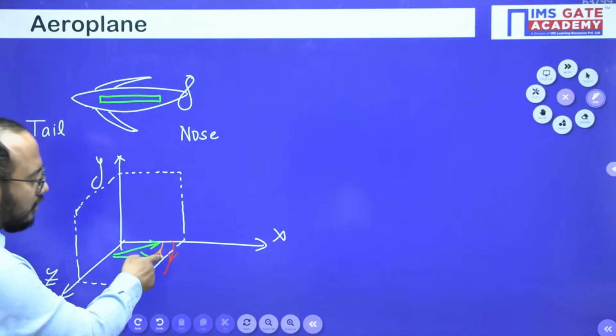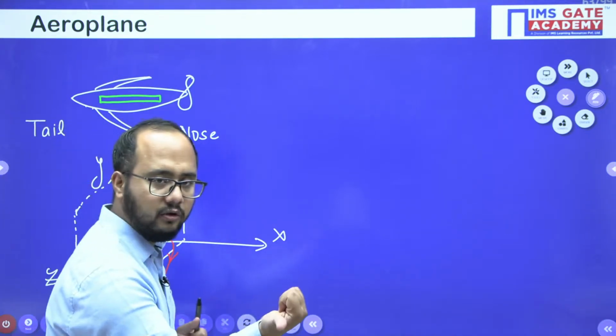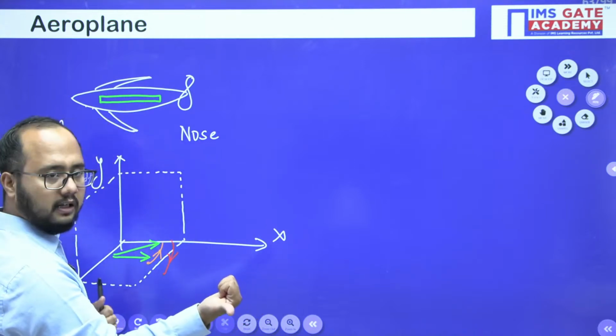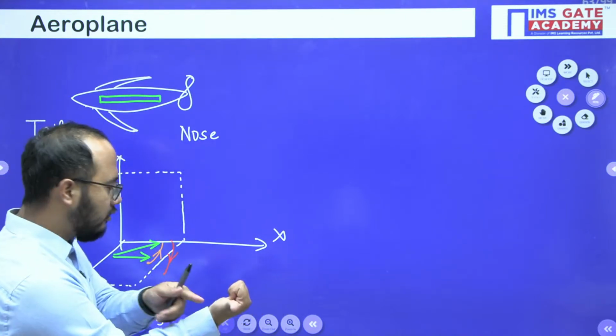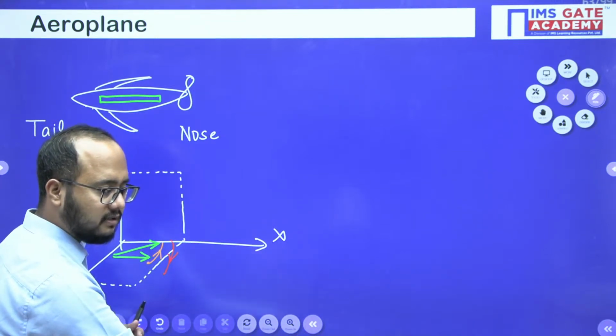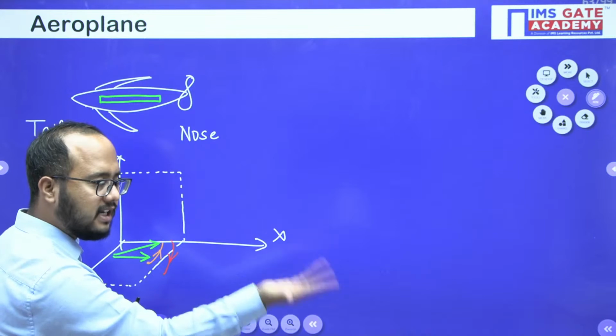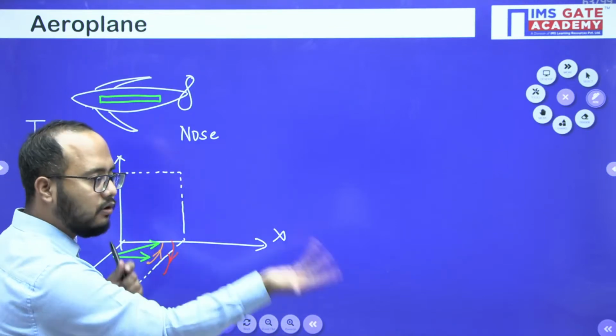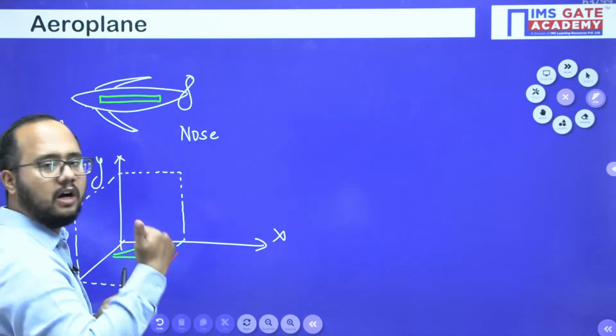Now see, arrow is like this. If I have to use the right hand thumb rule in the horizontal plane, it will be like this. The arrow is pointing away. So it will be like this. Now fingers will curl like this. Now in this case, the nose part goes up and the tail part goes down.